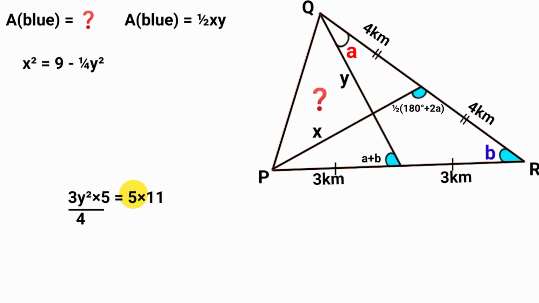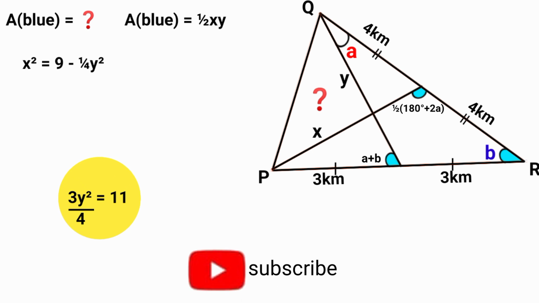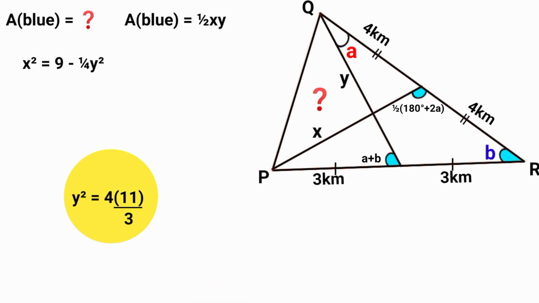This 5 cancels this 5. So 3y squared over 4 equal to 11. Multiply both sides by 4. Here 4 cancels 4. Now divide both sides by 3. Here 3 cancels 3. So y squared equal to 11 times 4 all over 3. 11 times 4, I'll just say is 4 open bracket 11. So y squared equal to 4 open bracket 11 over 3.